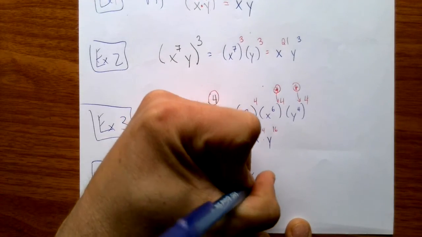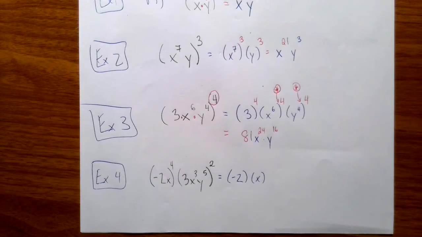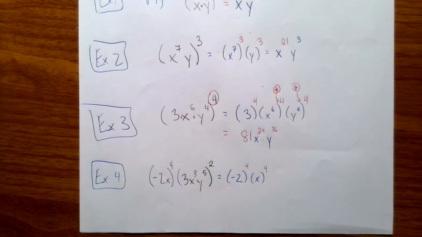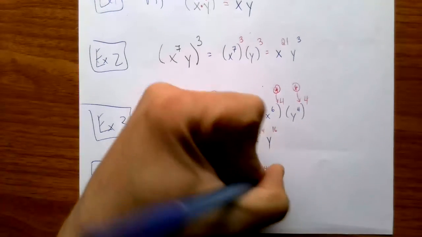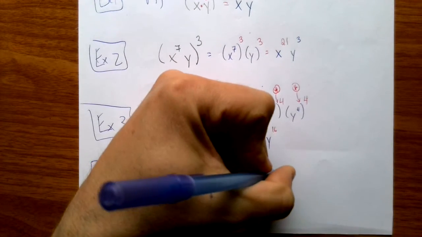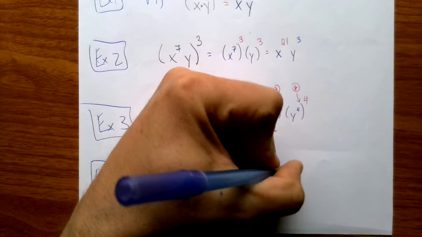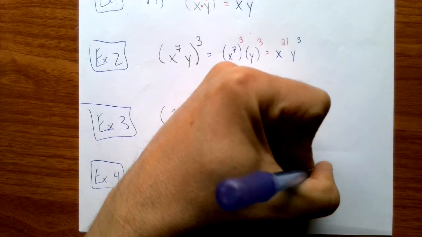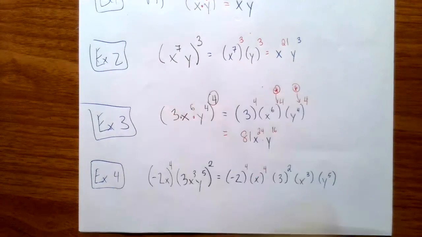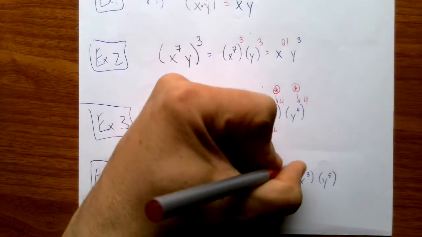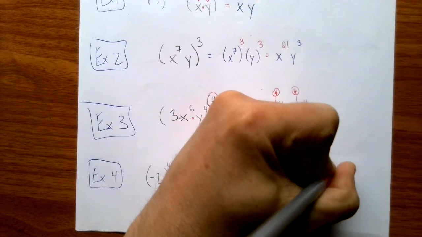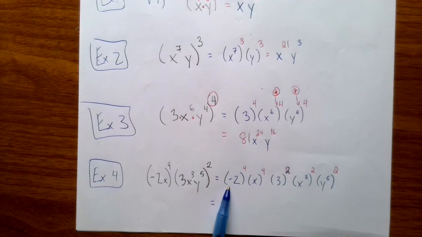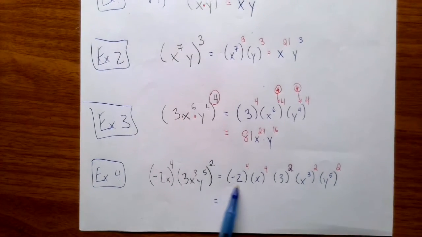I am going to put each base in parentheses, raise it to its individual power, and those are getting raised to the power of 2. Notice the parentheses here. These have to be in parentheses.